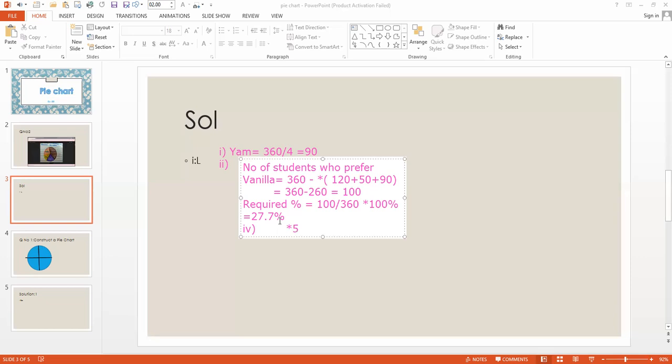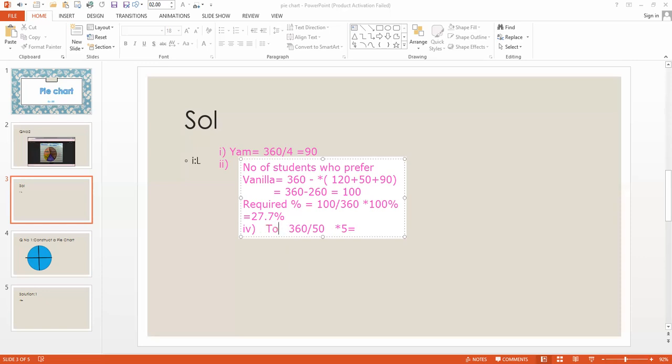Whenever the word total is used, you have to write 360, and you have to divide this 360 by the degrees given for the students who like mango ice cream. So how many degrees are given? 50. So you have to divide 360 by 50, and then you have to multiply it by 5. In this way, you have to find the total number of students in the class.